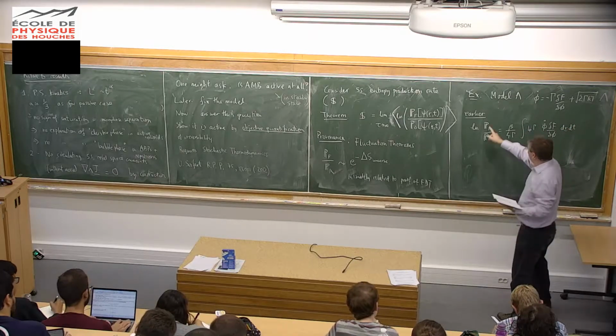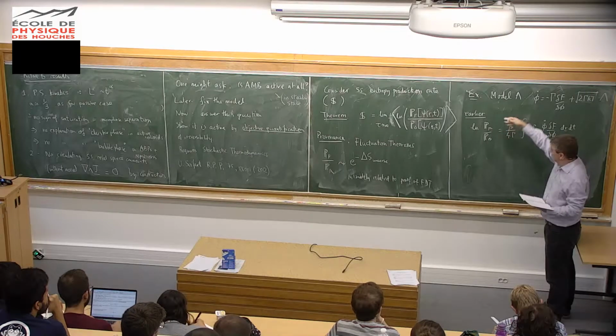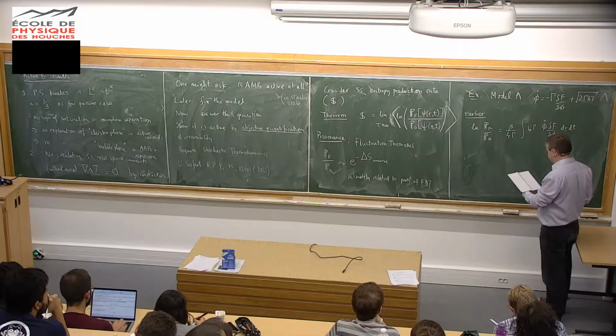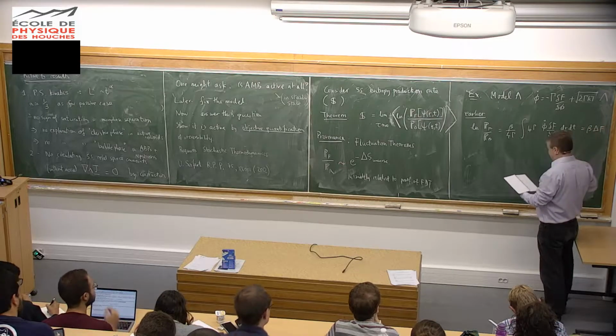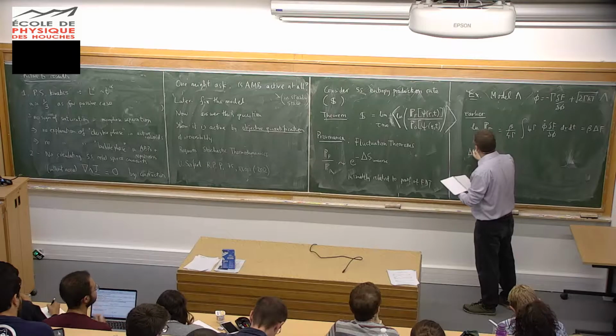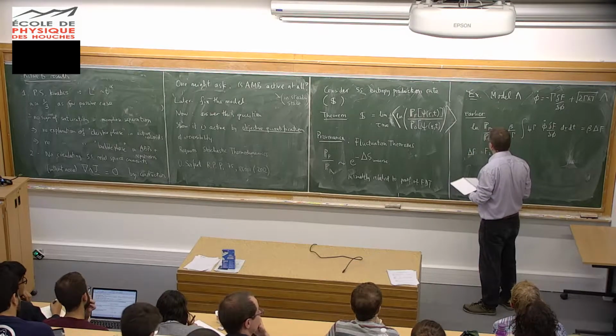So that was what we calculated as the log of the forward and backward path probabilities, using the statistics of the noise and the path integral effectively. And this is beta times delta F, where delta F is the final value of the free energy functional minus its initial value.